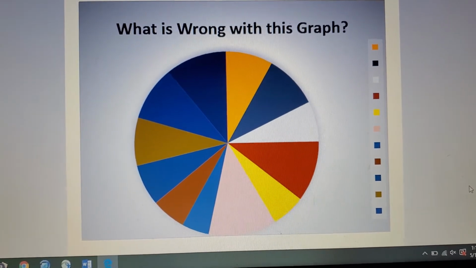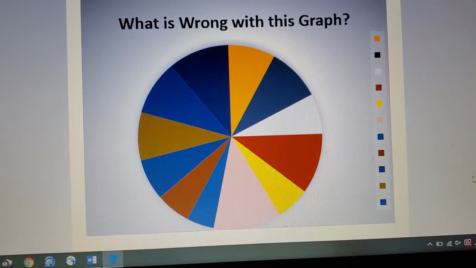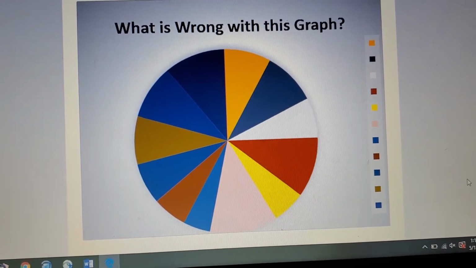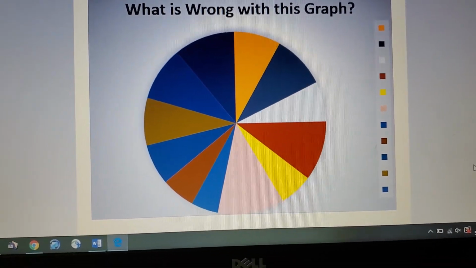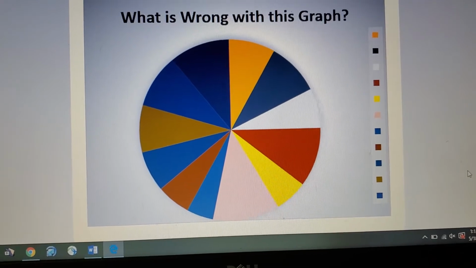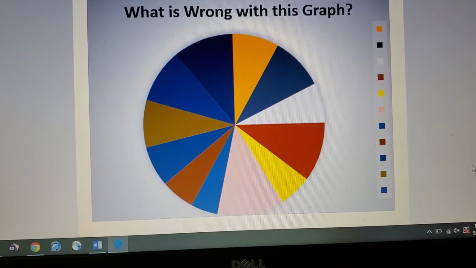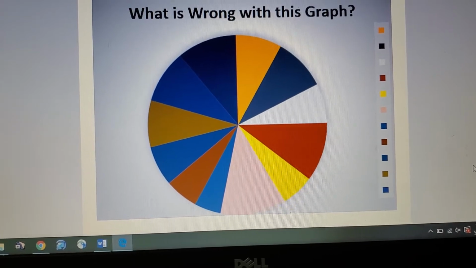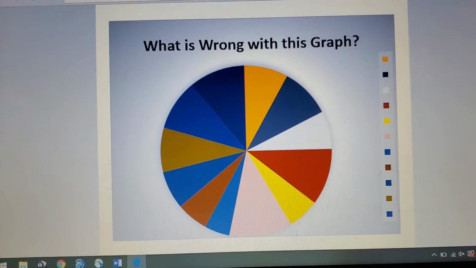But take a look closely at this graph, and you'll see it might be difficult to gather information from it. The very first pie chart you saw didn't have any other labels on the circle part itself, and that was okay.